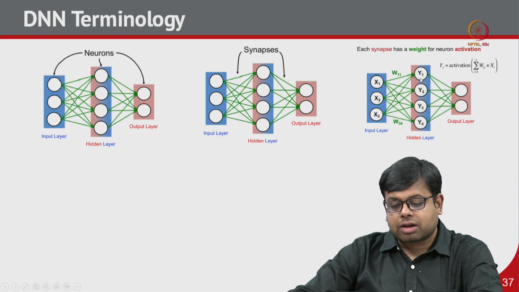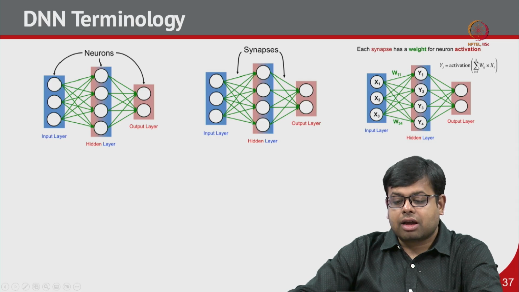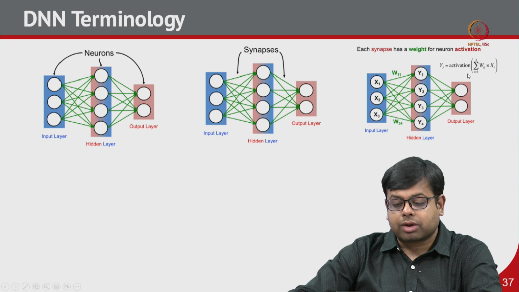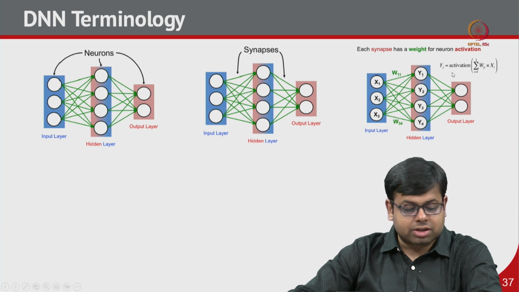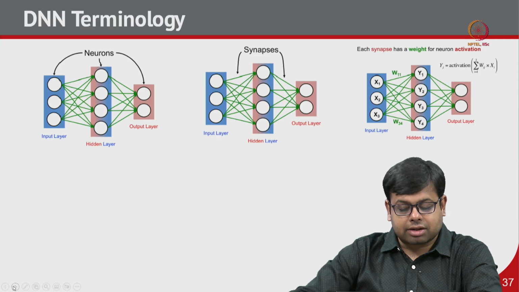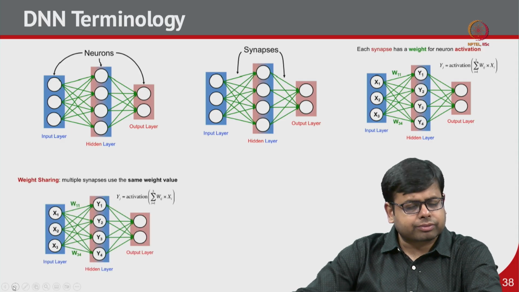The output neuron is computed as the activation of the multiplication of all the weights with the input neuron values. In this case, we have the summation of i equals 1 to 3 of w_ij multiplied by x_i, and not just that product and sum, we also have to apply the activation function. That is how each neuron in each layer gets computed, right.